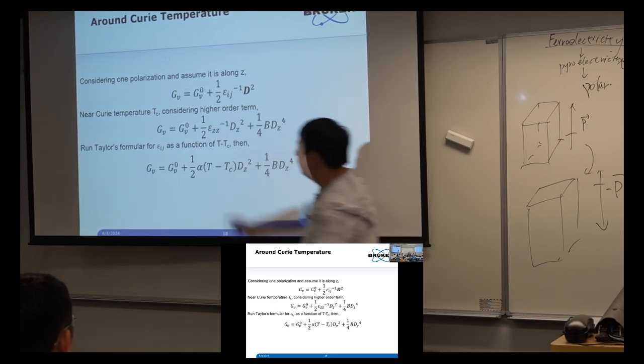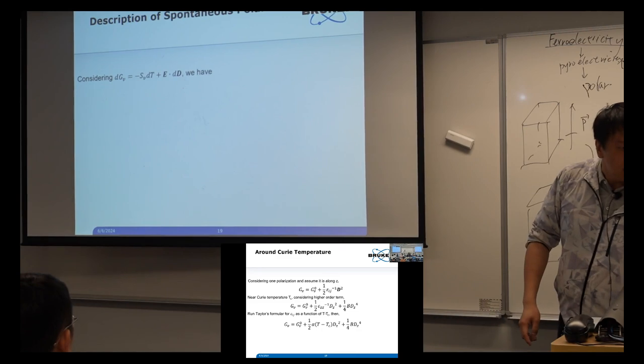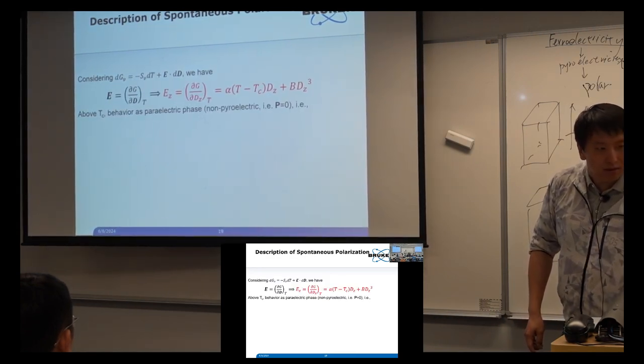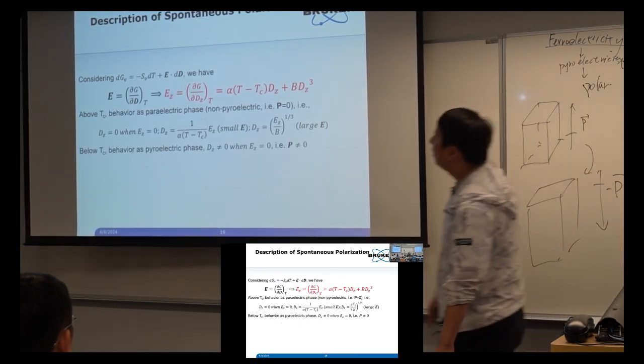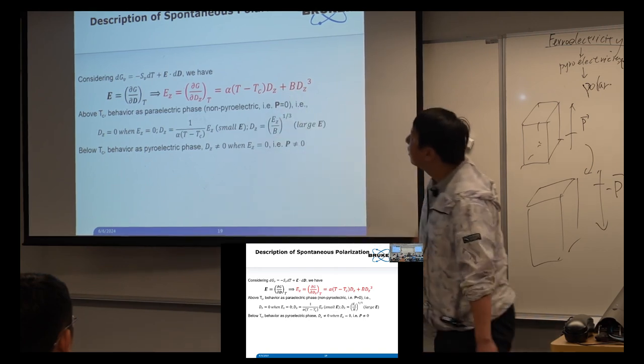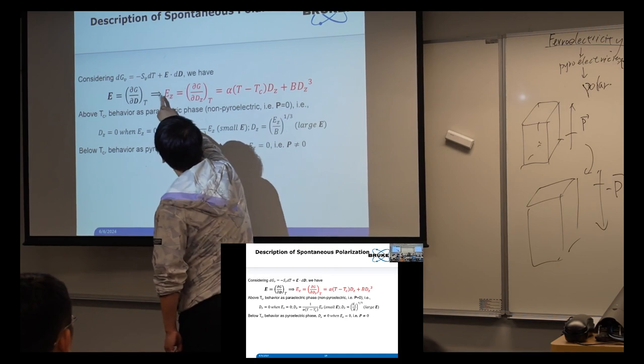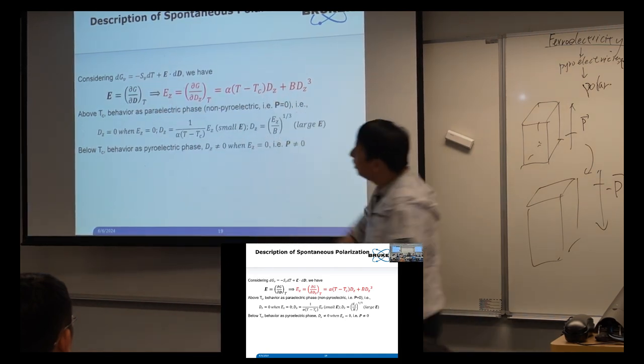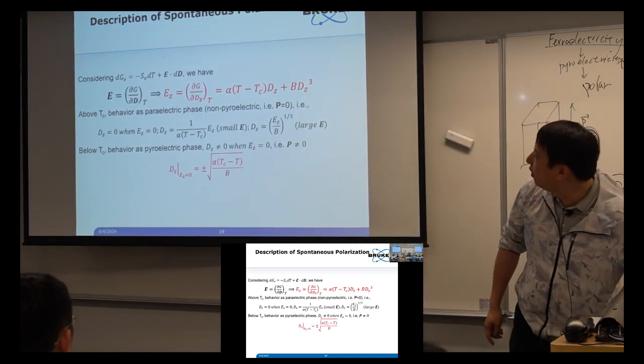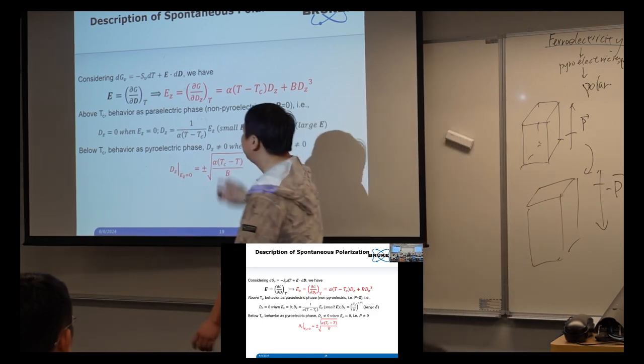So we involve temperature here. And then we finally get this result. So this one, we want to say that E will change the D. So we finally get this one.